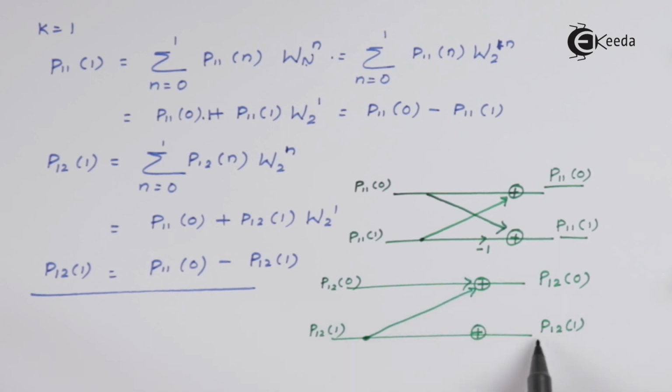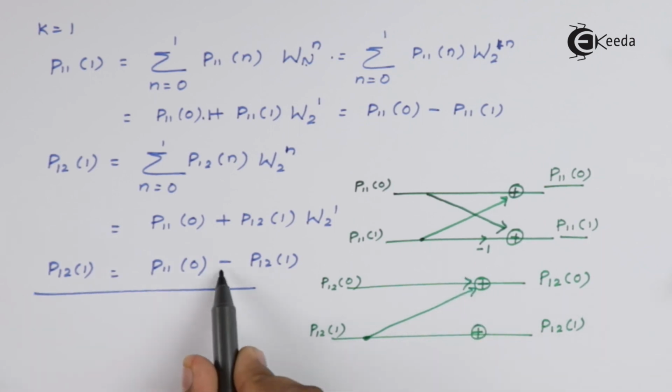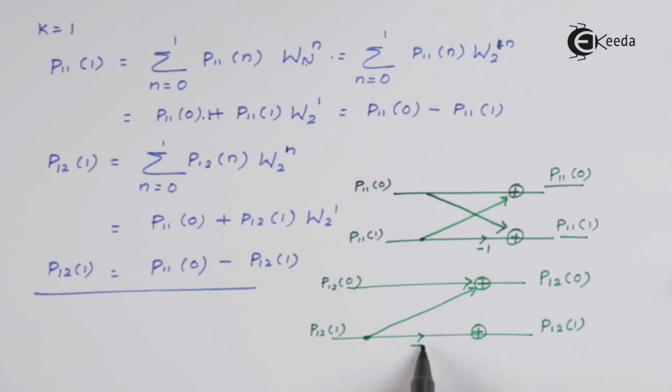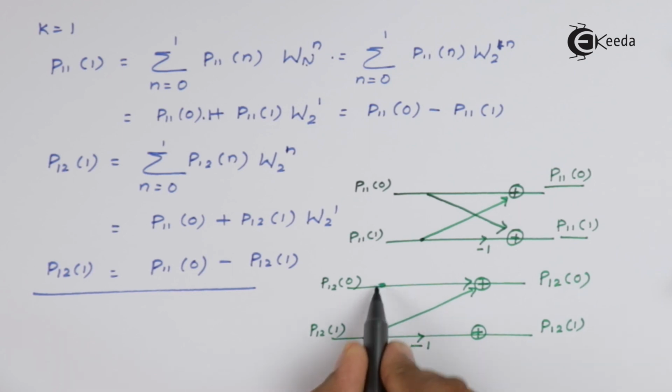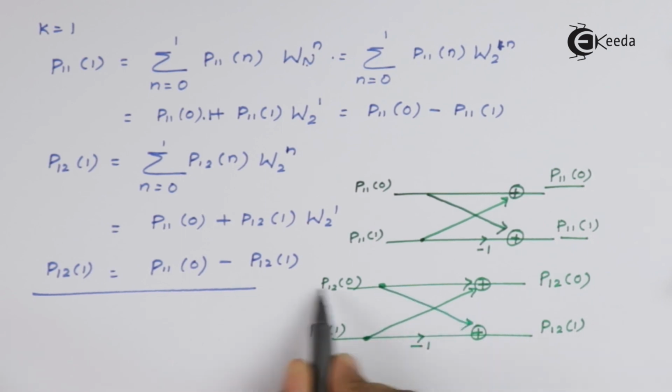But in case of P12 of 1, we have to subtract P12 of 1 from P11 of 0, but we have the adder sign. Then what we can do, we will multiply minus 1 but after this dot, so that after this dot this P12 of 1 will carry a negative sign and this will be subtracted from P12 of 0. So I'll do one thing, I'll connect one line of P12 of 0 over here to adder. So minus into plus becomes minus, so automatically P12 of 1 will be subtracted from P12 of 0.